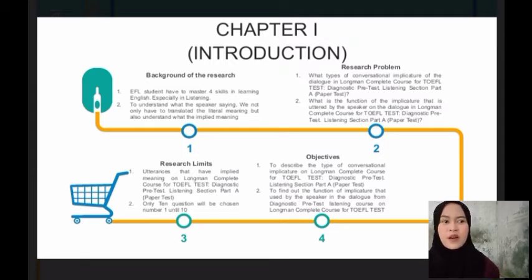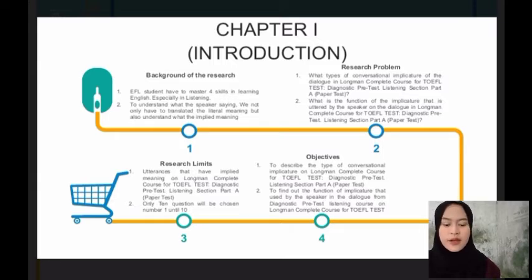So there are questions in the listening section, such as what does the woman imply? What does the speaker mean? This also guides us to pragmatic study, which is concerned with implicature, conversational implicature. So I'm really interested in it.